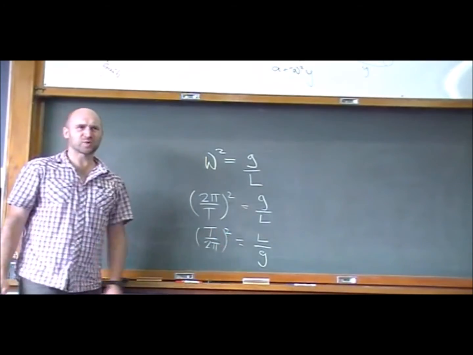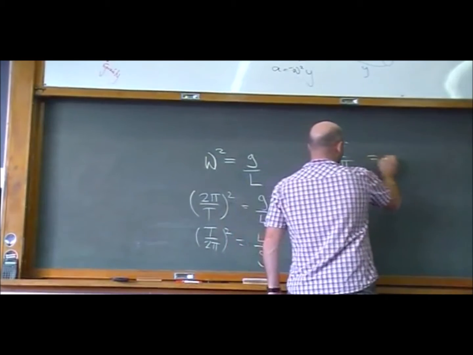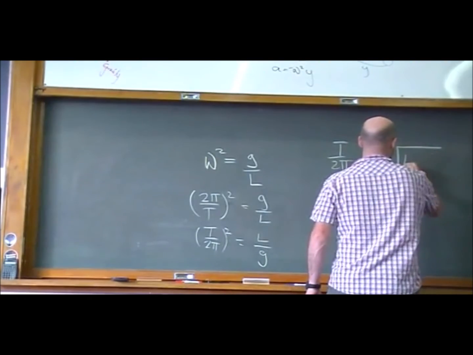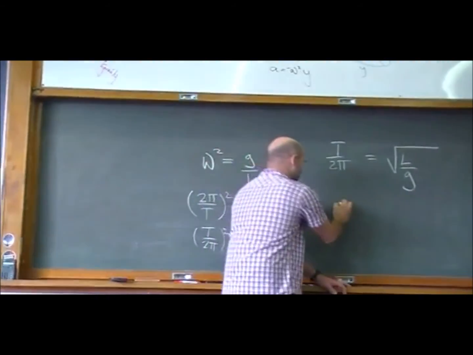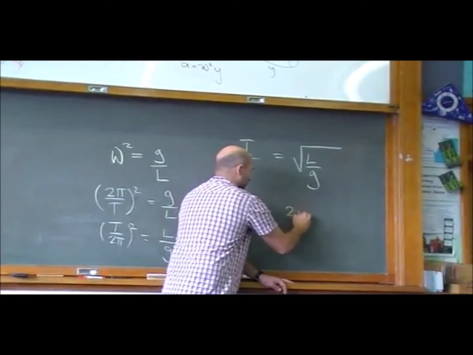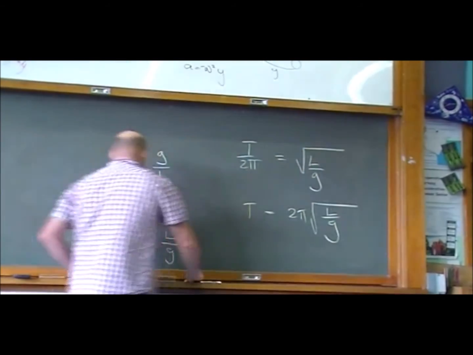Take the square root: T over 2 pi is square root L upon g. And finally, let's get that 2 pi out of here. T is equal to 2 pi square root L over g.